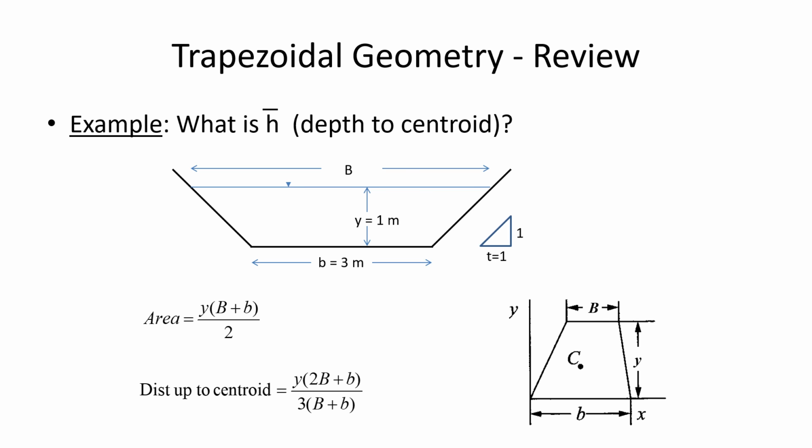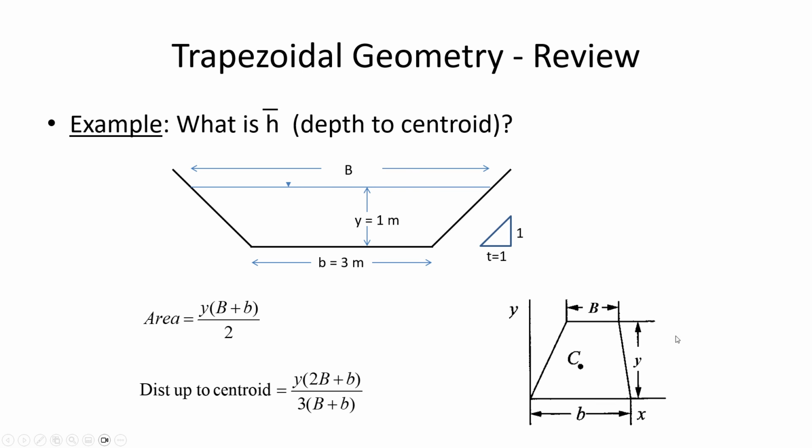But if it's a trapezoidal channel, then the depth to the centroid isn't just the flow depth divided by 2 because of this extra area on the left and the right-hand side of the trapezoid.